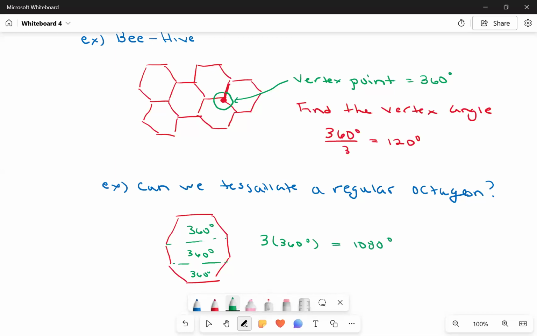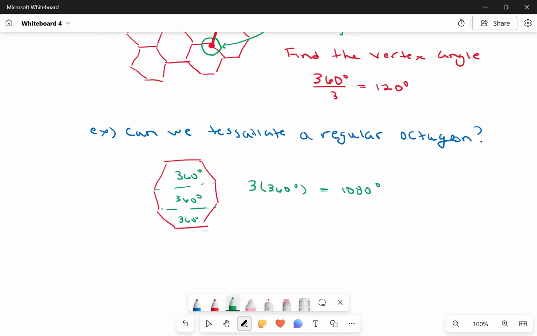If you remember that, great. If you don't, we need that 1,080. That would mean the vertex angle for an octagon is 1,080 divided by 8, which comes out to 135.